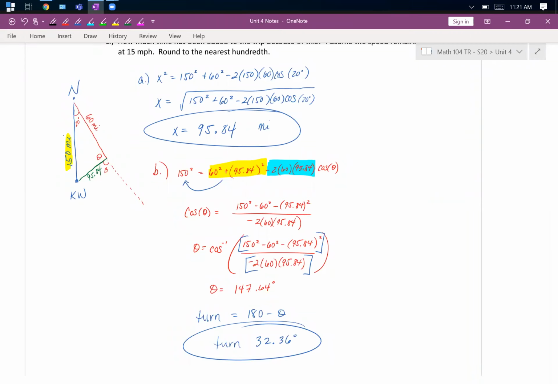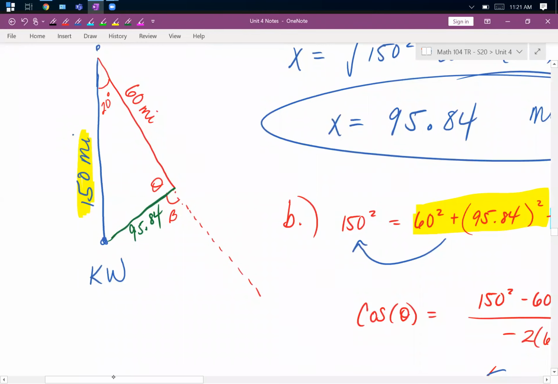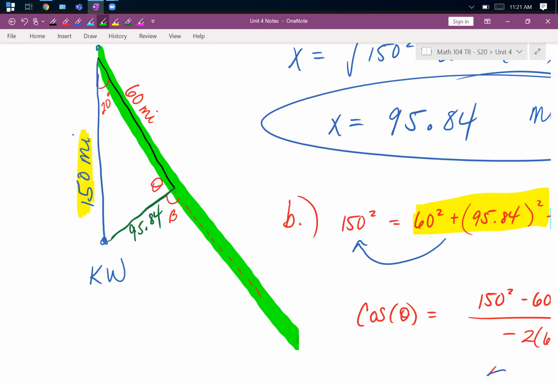Last thing we want to do is, will one turn always be 180 degrees? The reason that it's 180 degrees that we're subtracting from, Amber, is because our normal path would have been here, right? Which is a straight line, and straight angles are 180 degrees.